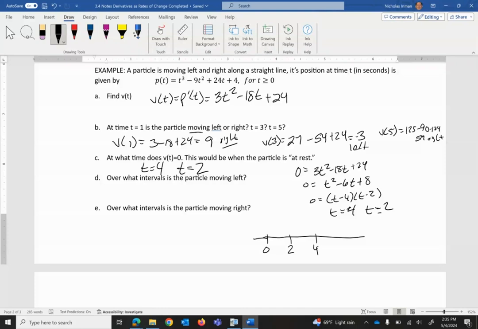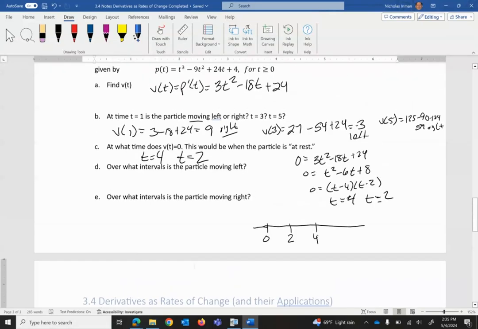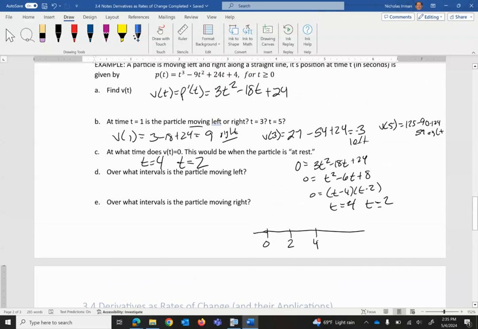To create a sign chart, what we do is we pick a number in each zone. Like when time is equal to 1, in between 0 and 2, how is our speed, how is it moving? Well, what's our velocity when t was 1? Well, hey, we did that. When t was 1, our velocity was 9. So we know between 0 and 2, that velocity is positive.